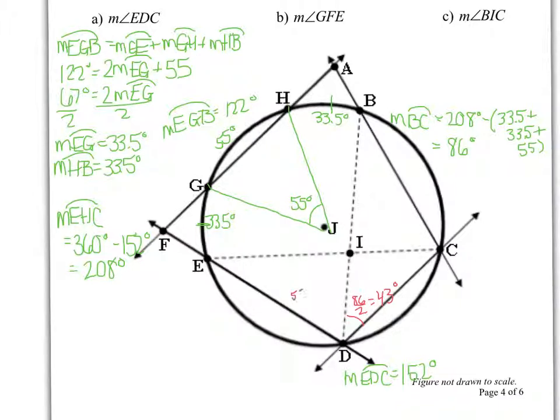So 55 plus 2 times 33.5, divided by 2, is going to give us an angle measure of 61 degrees. So the measure of angle EDC is going to be 61 degrees plus 43 degrees, which equals 104 degrees.